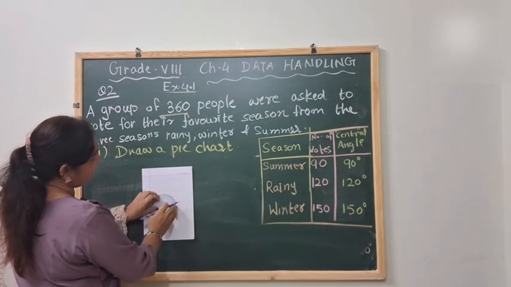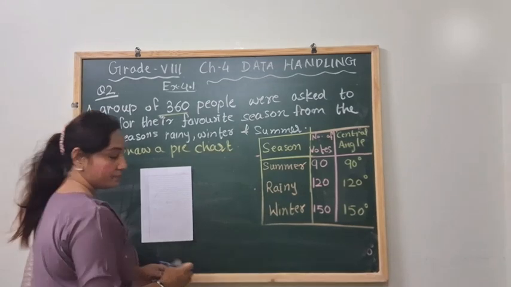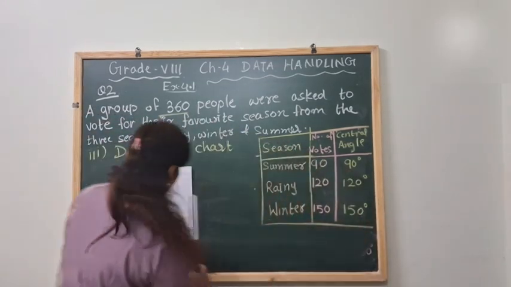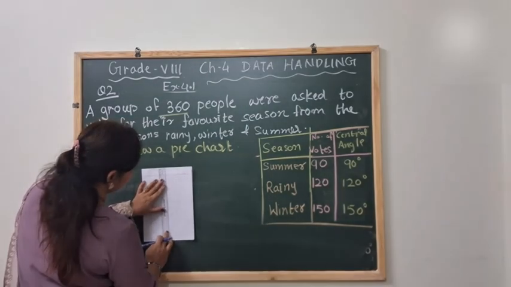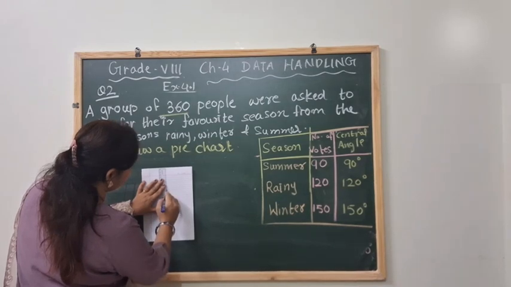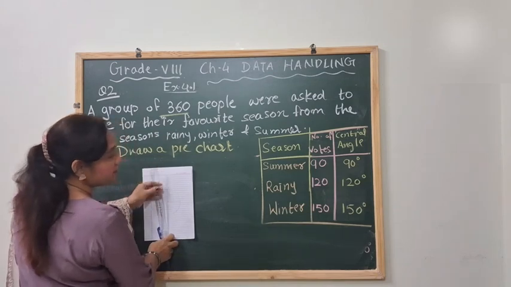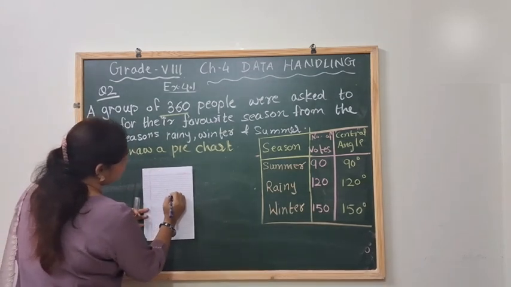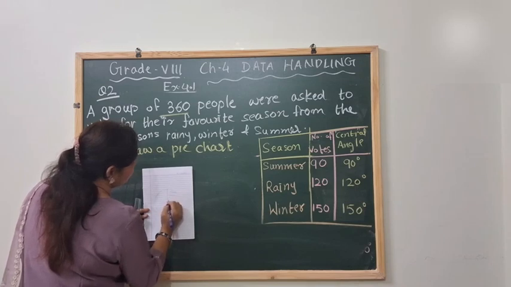I'll make a point here and then draw a line. This is 90 degrees. And what is 90 degrees, students? It is summer season, so you can mention here summer season (90°).